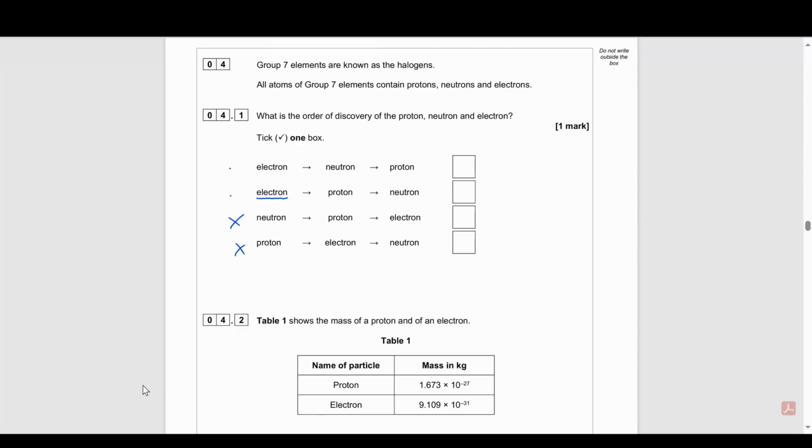The last discovery in terms of these subatomic particles was the neutron. So that already rules out our first one, so that means that our second one must be correct.